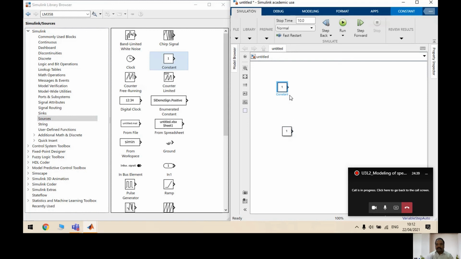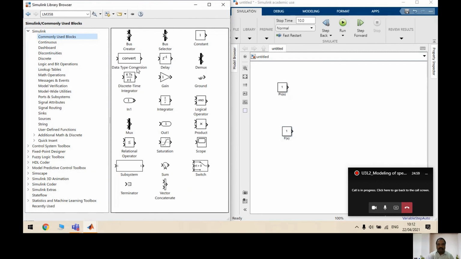One I'm naming as Pc of S, and the other as F of S. Apart from this, in the commonly used blocks, you can find a summer, and you also need a constant block because you do have 1 by R, right? So I'll represent it as a gain, and the other one is a transfer function model.